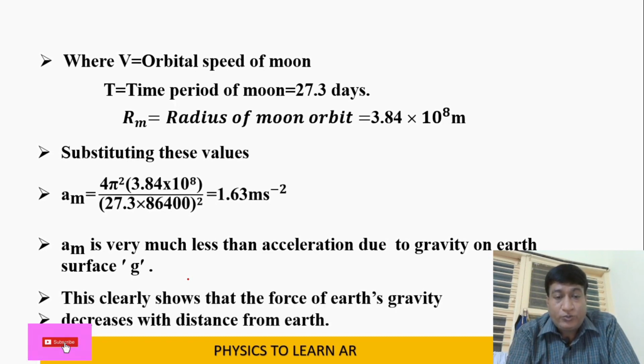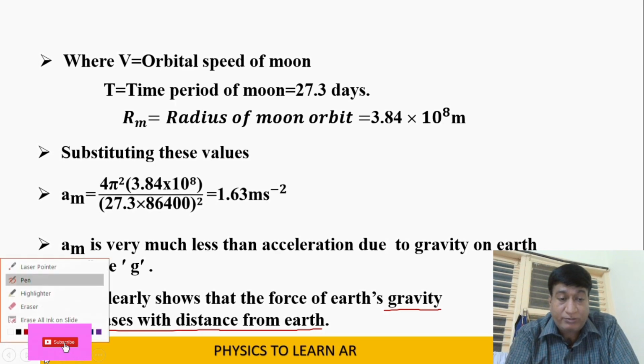This clearly shows that the force of earth's gravity decreases with distance from the earth. In detail, we are going to discuss how gravity changes based on height, depth and rotation.